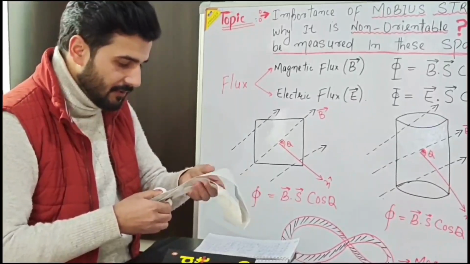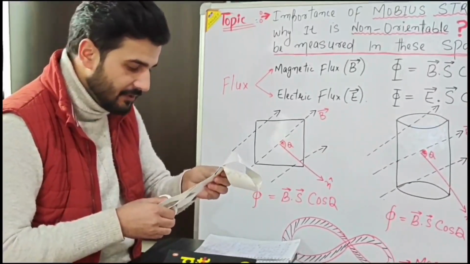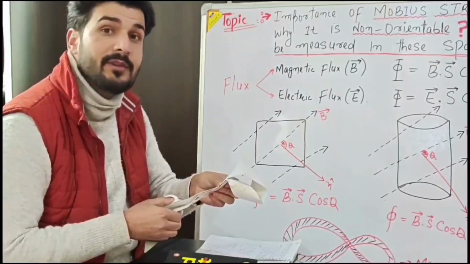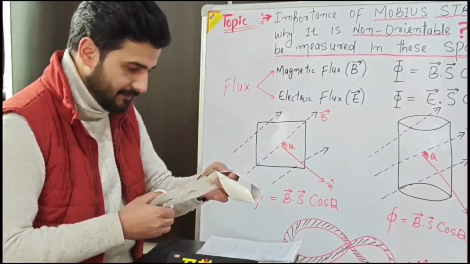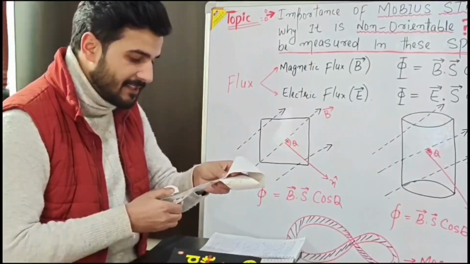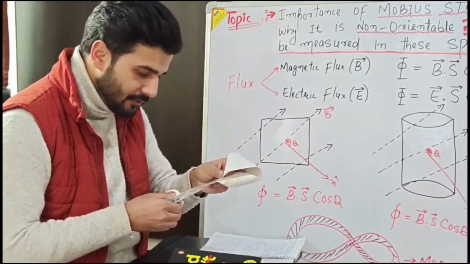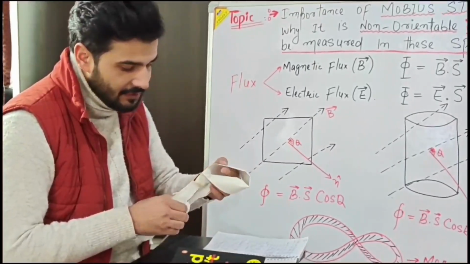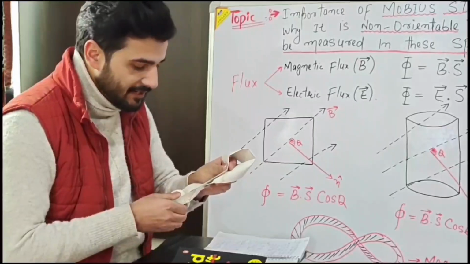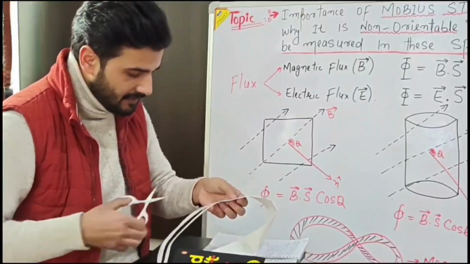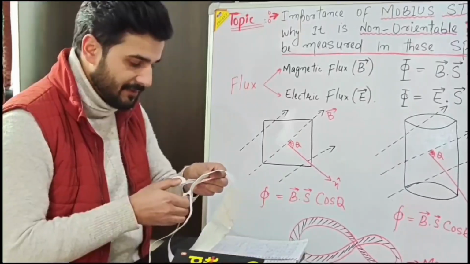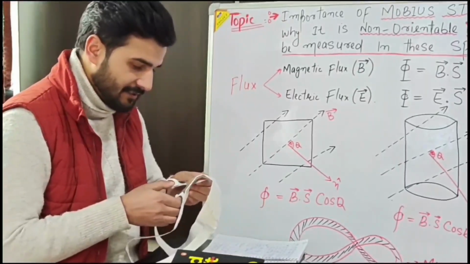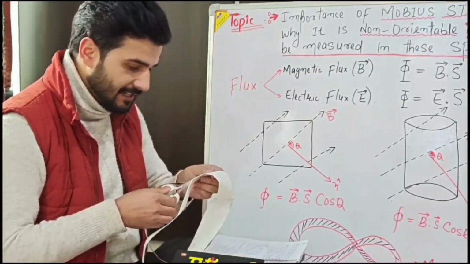We want to check whether we get two separate Möbius strips or not. Here common sense says that we get two separate Möbius strips. But this is not the case here.